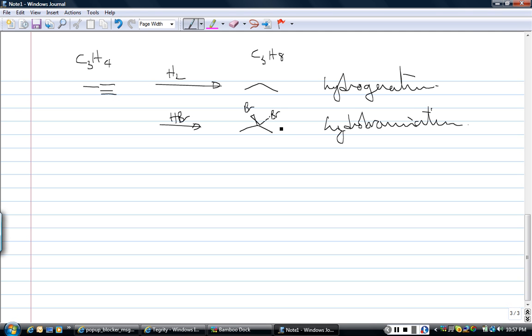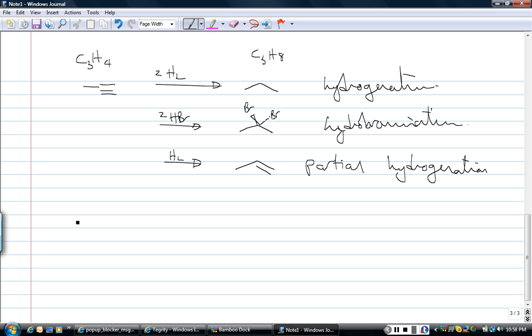I added 2 HBr here, so at this point there's 1 H on this carbon, now there's 3 H's. So I added 2 H's to this carbon, 2 Br's to this carbon. This is really 2 H2s and 2 HBrs. I could just add 1 mole of H2 and make that compound. We call that partial hydrogenation, because I did leave 1 pi bond unperturbed.